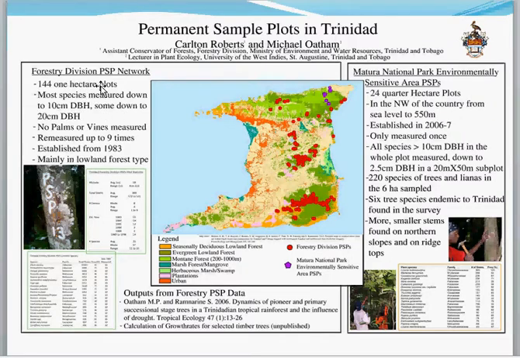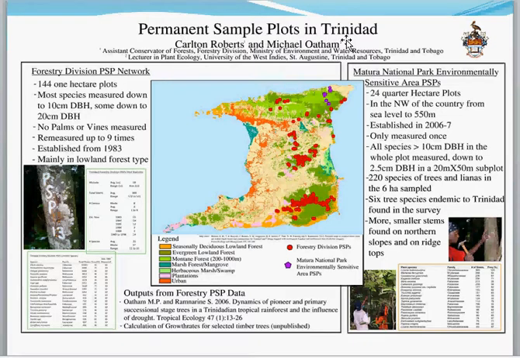And I've got some species lists there which you may not be able to read. This was a poster that Carlton Roberts and myself put together for presentation at a regional workshop up in Santo Domingo a couple of years ago. Okay. So the number of species range from about 40 up to about 300.